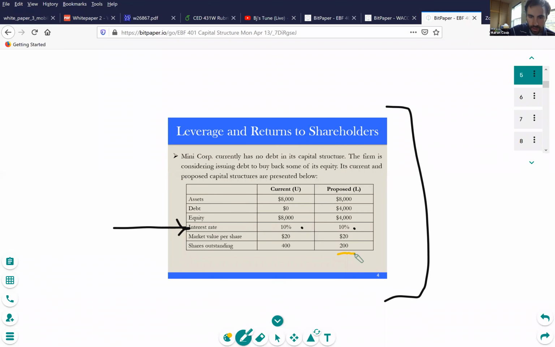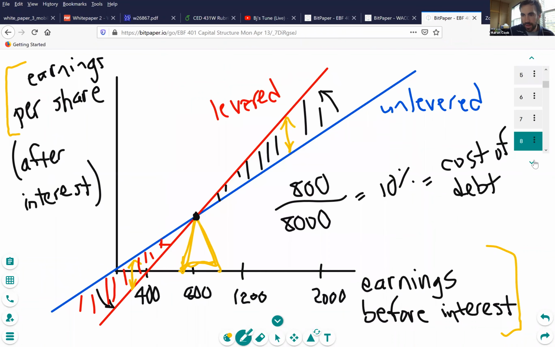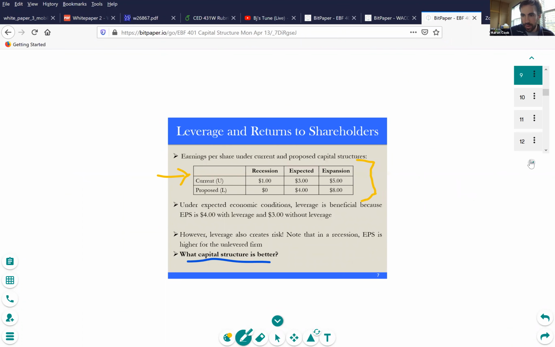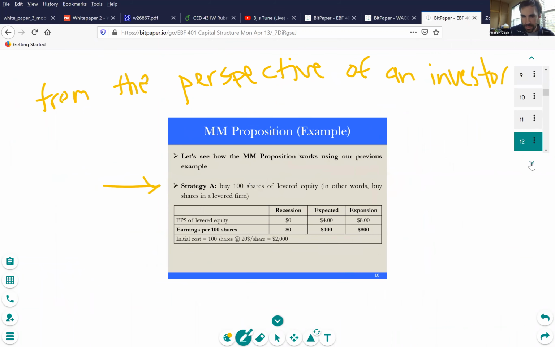The unlevered firm had 400 outstanding shares of equity. Each of these had a share price of $20 per share. And so we're going to consider what happens when an investor takes his own money or her own money to these capital markets and makes some of these investments.